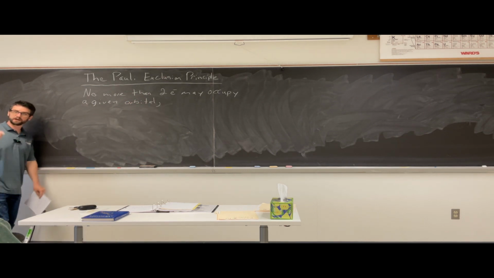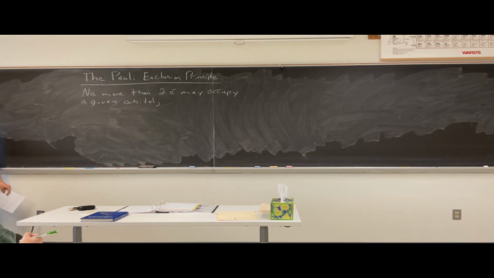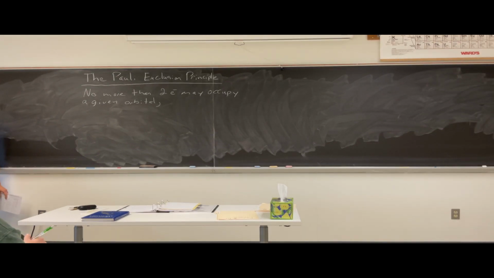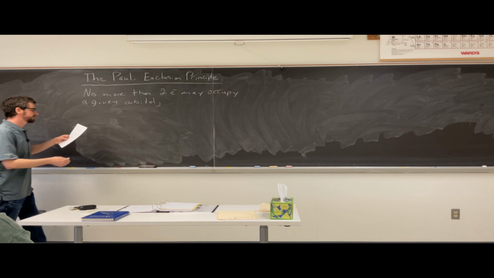And then if two electrons do occupy an orbital, what must be true about those electrons? They must have different m sub s values. Yep, they must have different m sub s values, different spins.